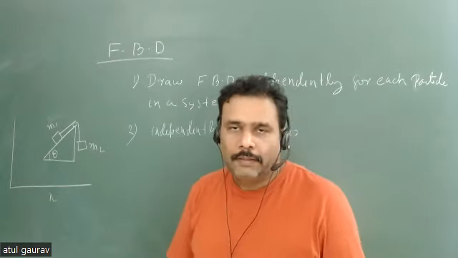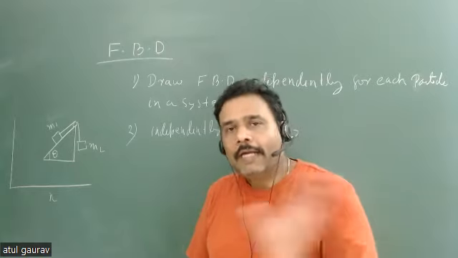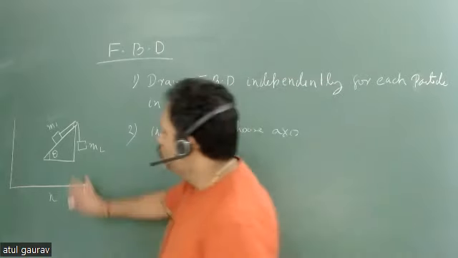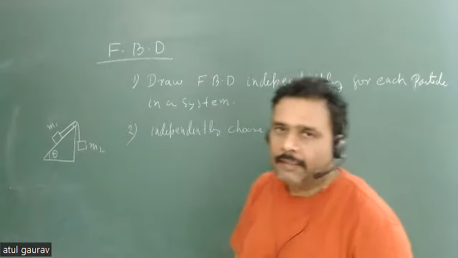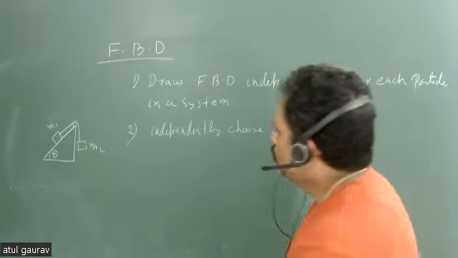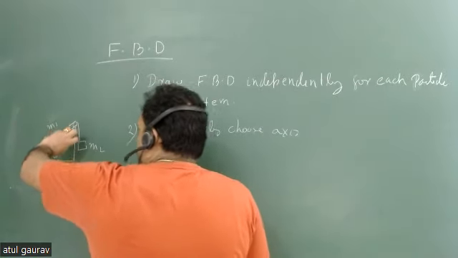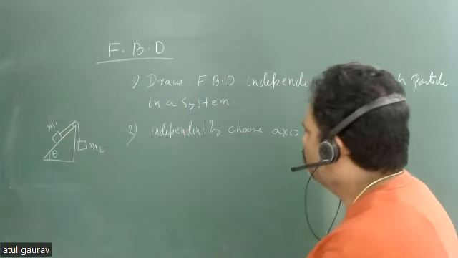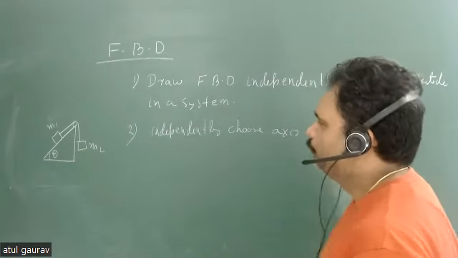You can choose it, but then you have to be very smart, and it is very difficult to apply this type of axis everywhere. So you will choose the axis according to your convenience. Hence, you keep each particle independent, and then independently choose the axis.